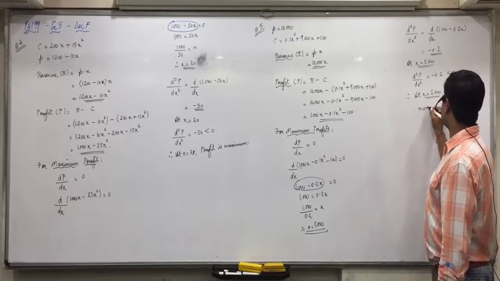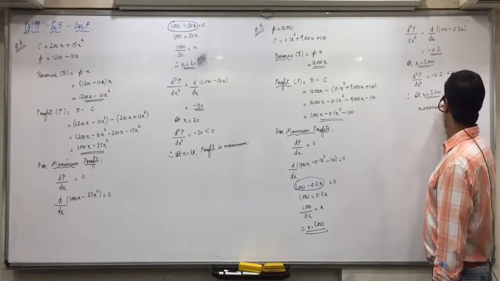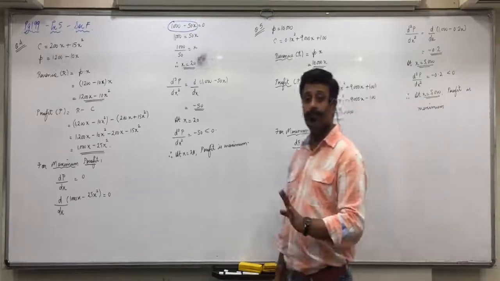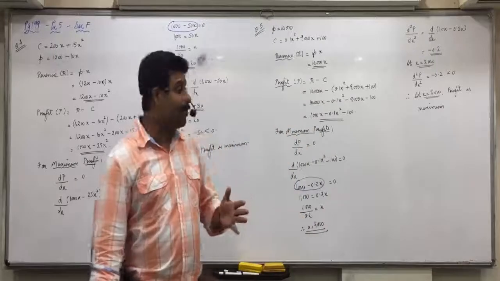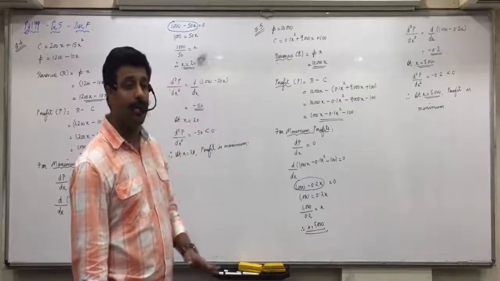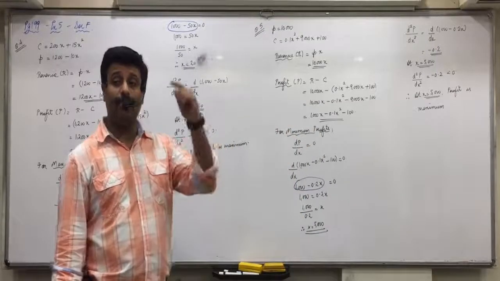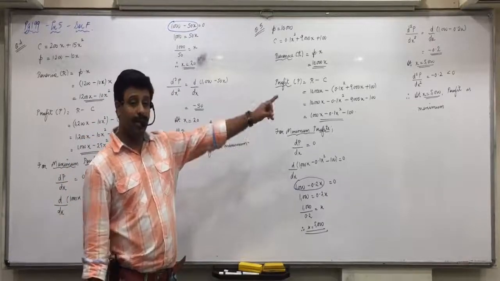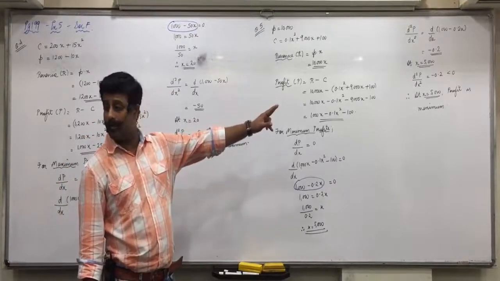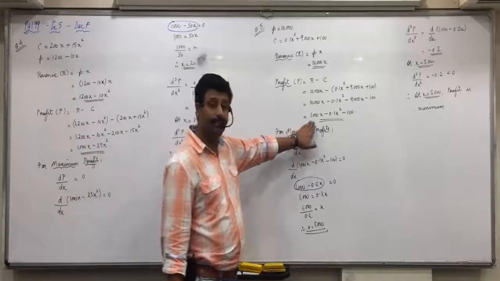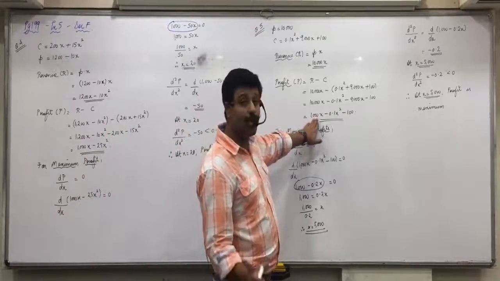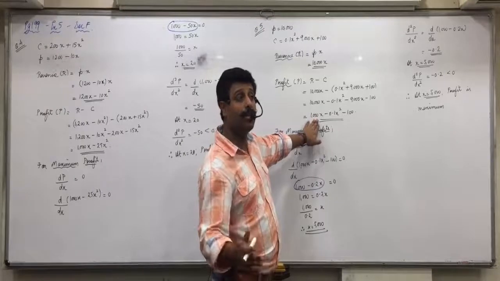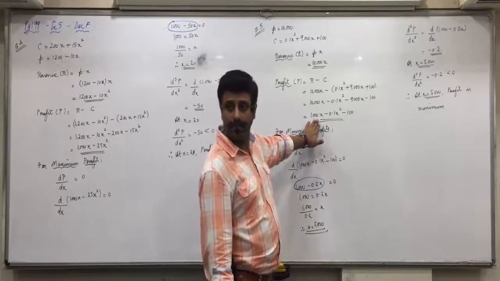That is the only thing asked. Are you asked maximum profit? No. At what units the profit would be maximum? 5000 units. What if maximum profit was also asked? You would substitute 5000 in which function? The profit function. 1000 into 5000, so 50 lakhs.